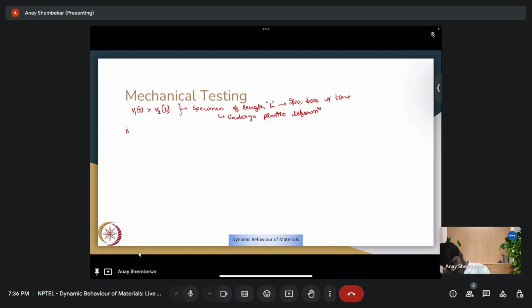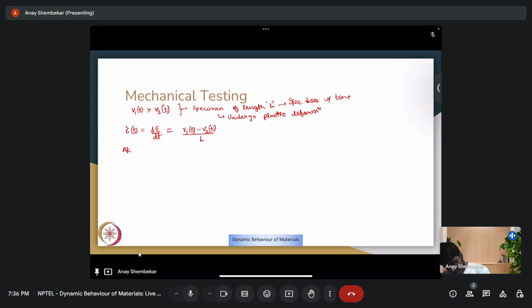Epsilon dot at time t can be written as d epsilon by dt. If you refer back to the very first example that we considered, where we took a rod and fixed one end and moved the second end with velocity v naught, you have basically the same condition, where you have the relative velocity of the two ends, V1 minus V2 of t, divided by the current length.